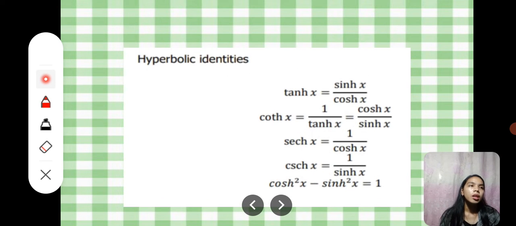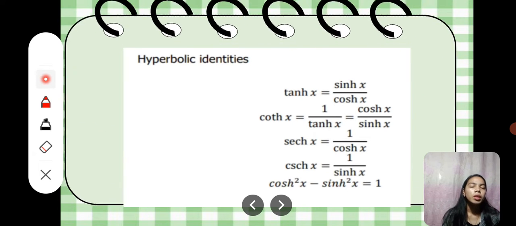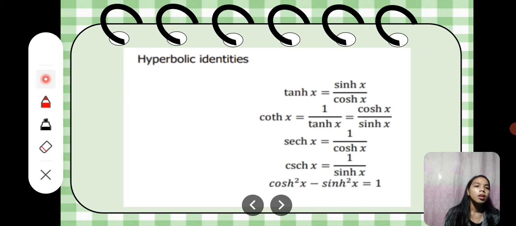The hyperbolic functions also have hyperbolic identities. Hyperbolic tangent x is equal to hyperbolic sine x over hyperbolic cosine x. Hyperbolic cotangent x is equal to 1 over hyperbolic tangent x, which is also hyperbolic cosine x over hyperbolic sine x.